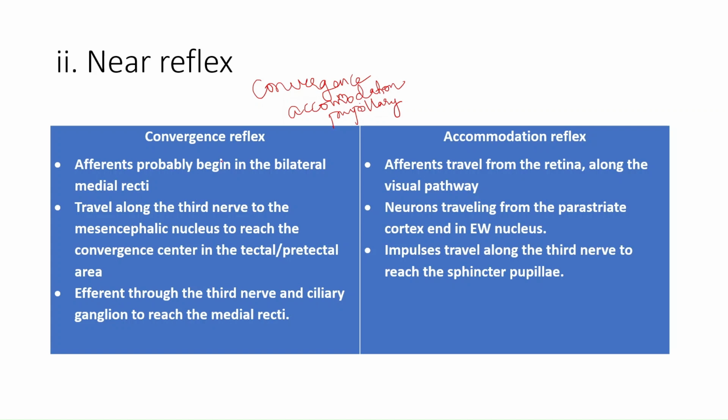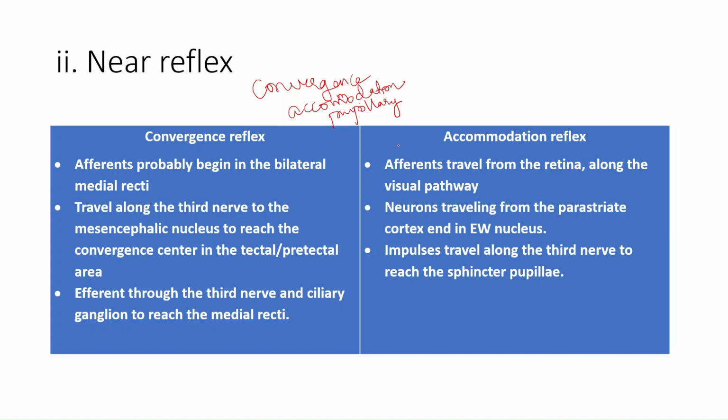So what happens here? The efferents probably begin in the bilateral medial recti when there is an effort to converge and focus on the object. These impulses travel along the third nerve to reach the mesencephalic nucleus and the convergence center in the pretectal area. Again, the efferent fibers follow the pupillary light reflex pathway.